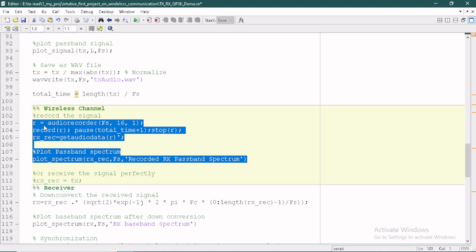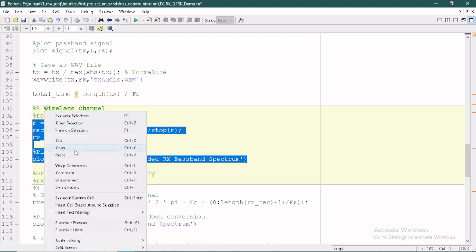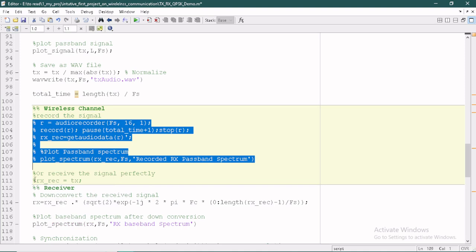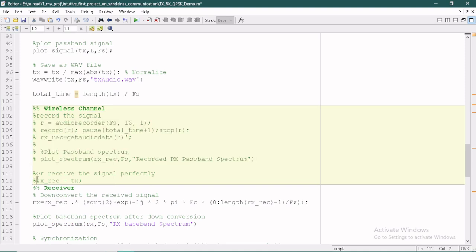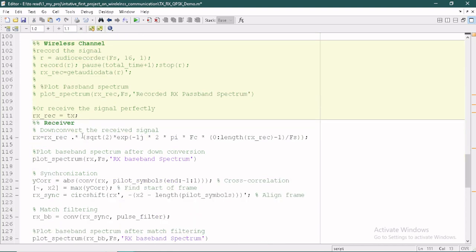But now let's assume that the receiver received the signal perfectly. So let's uncomment this part, and this, notice how the transmitted signal will be received perfectly. And as I said, I will demonstrate later how we can transmit it wirelessly.